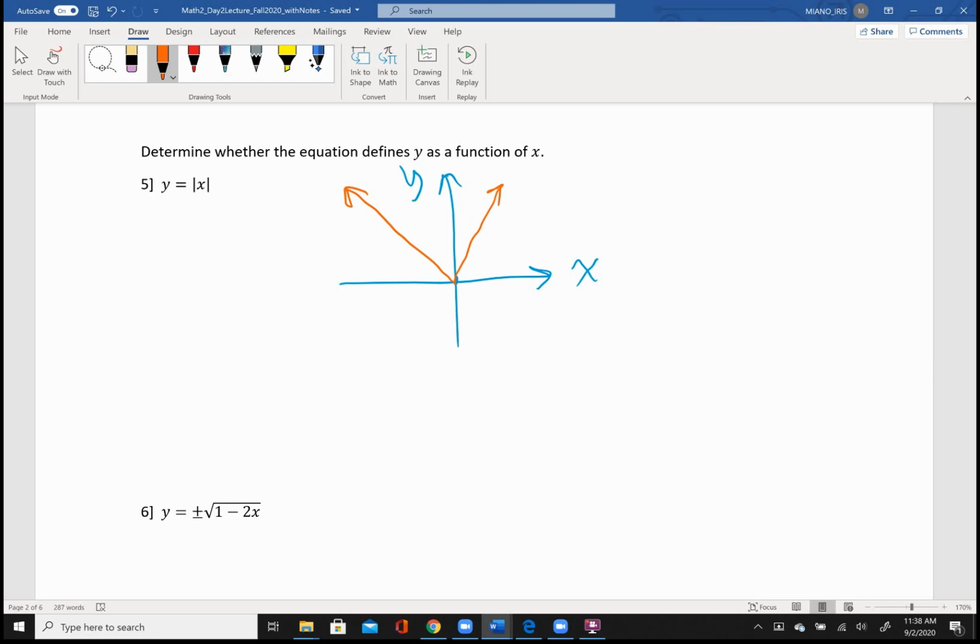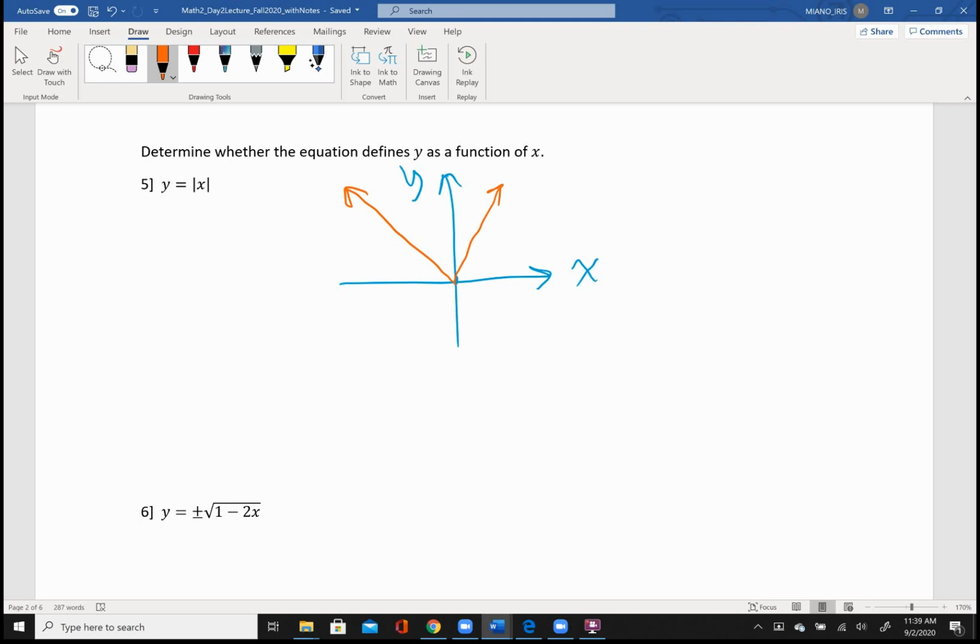What you want to focus on is: is there any instance in which you can plug in a value for x in which you would expect to get two separate values for y? Well, no. Whatever you plug in for x, there's only going to be one output. It's always going to be forced positive since it's the absolute value function that's being imposed on the x. However, you could have two separate x values that map to the same output.